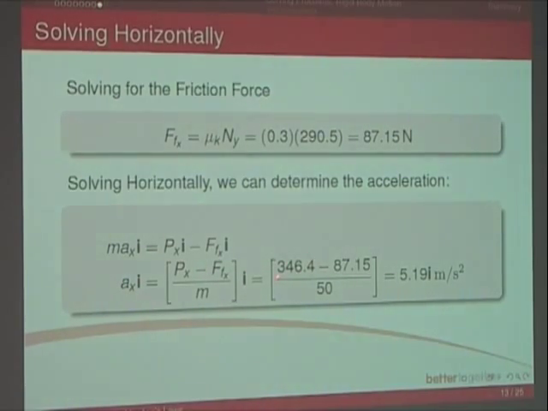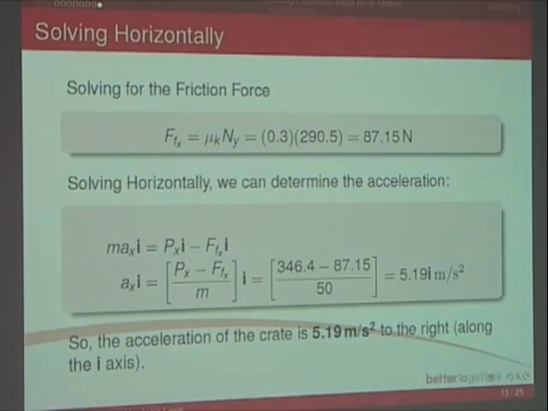You plug in the numbers that we found: the horizontal component of P, the friction force, divide by 50, and you get the acceleration. So we can see that the crate accelerates at 5.19 meters per second squared to the right along the positive x-axis. So that's how we go about solving a particle problem.